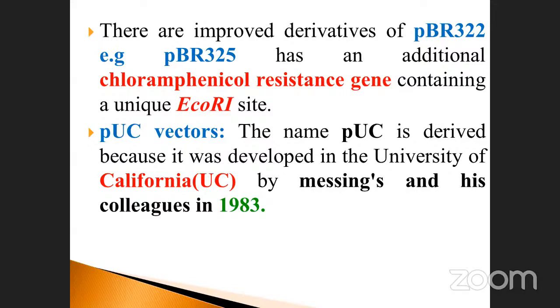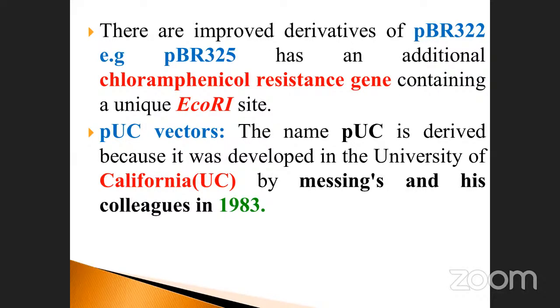It is an improved plasmid with an additional chloramphenicol resistance gene. What is the difference between these two plasmids, 322 and 325? They may ask that question: which one is the addition? The chloramphenicol resistance gene is also present in 325, compared to 322.